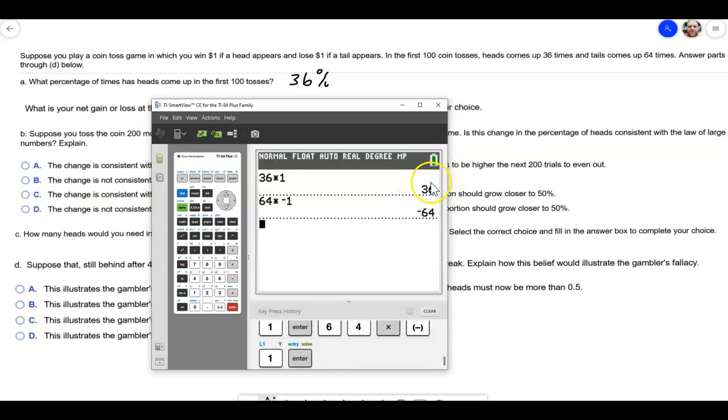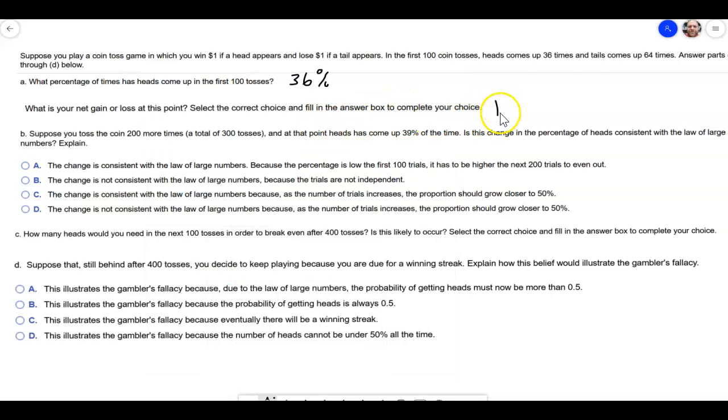Our net is 36 minus 64, which is $28 that we lost. So we lost $28 at this point here.